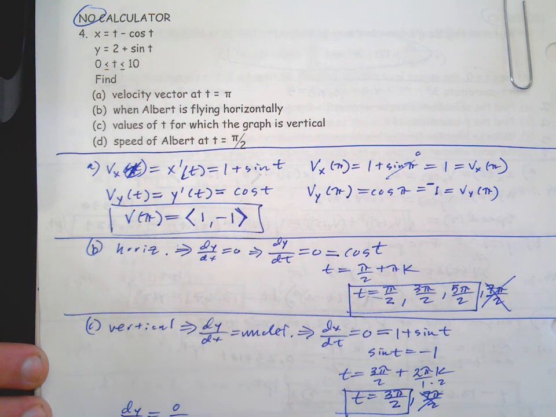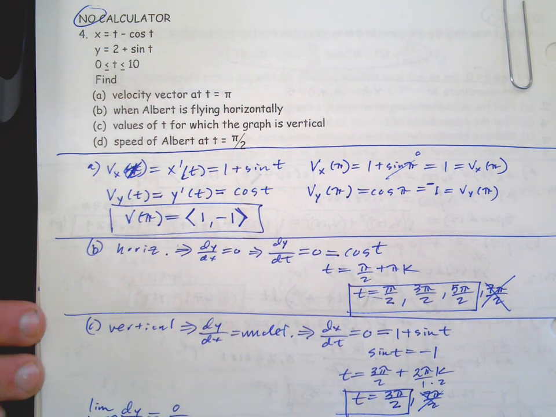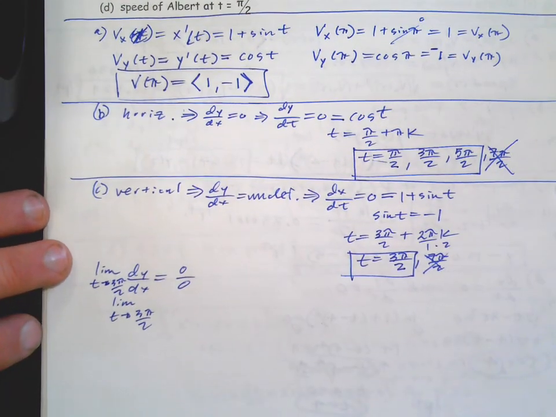So we need to take the limit as t approaches 3 pi over 2. We would need to do L'Hopital's rule.